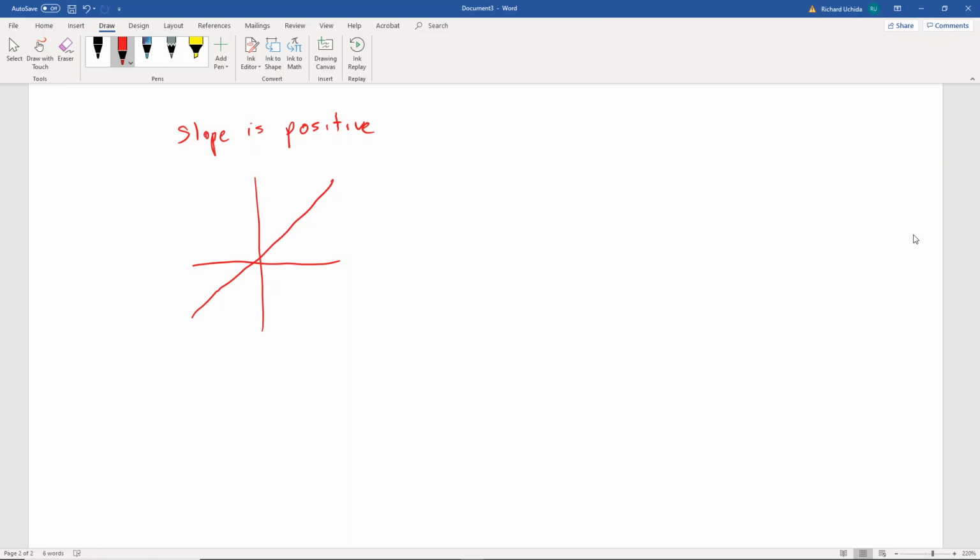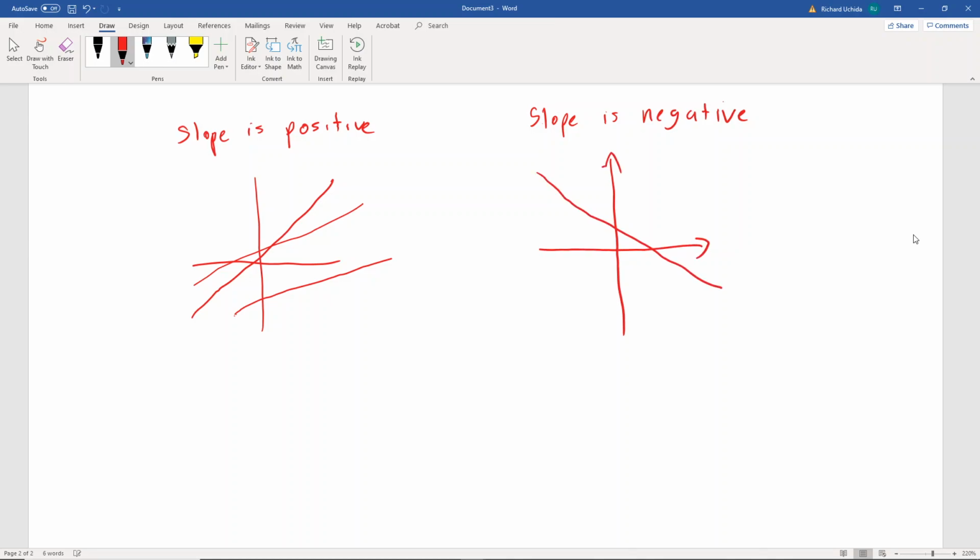It could be like that, or like that, but no matter what, as you're going from left to right, the line is going upwards. And if your slope is negative, that means as you're going from left to right on the graph, the line is going downwards, something like that, or it could be very steep. But again, the line would be going downwards.